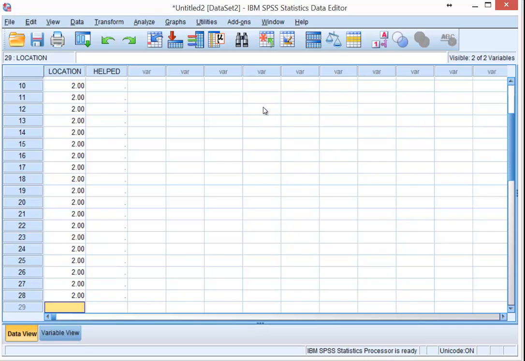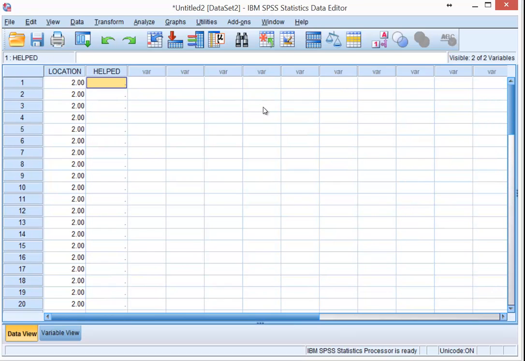Then we had 23 indoor participants, so we need to add 23 additional rows with a location equal to 1. That gives us a total of 51 subjects. 28 plus 23 is 51.